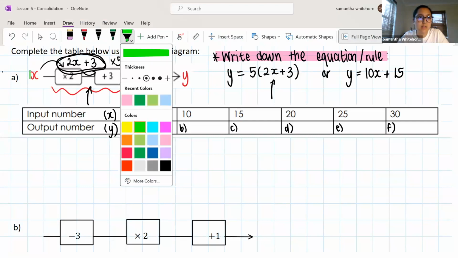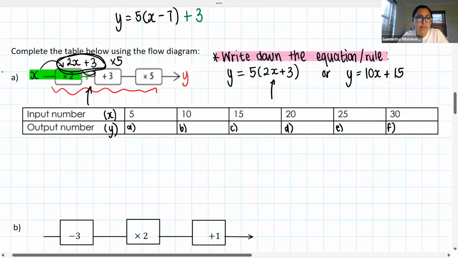So it needs to be the X value times 2, that answer plus 3, that answer times 5. Right, that's what we're doing.